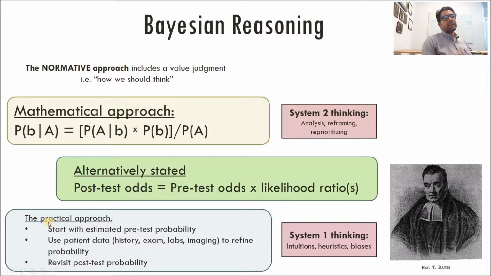We start with an estimated pretest probability, we look at a set of patient data, and we start to refine that probability, and then we revisit our post-test probability. And we're doing a lot of that intuitively, reflexively. Now again, that's efficient, but sometimes it's prone to bias if we don't know what the pretest probability is, for example, or if we overestimate the pretest probability because we think we know how likely the disease is.